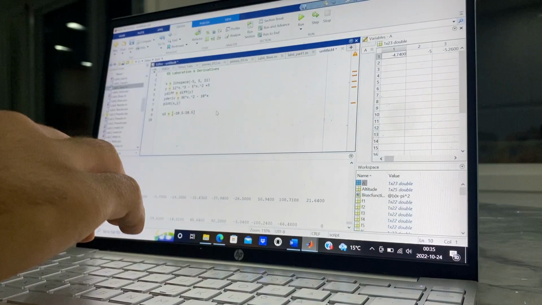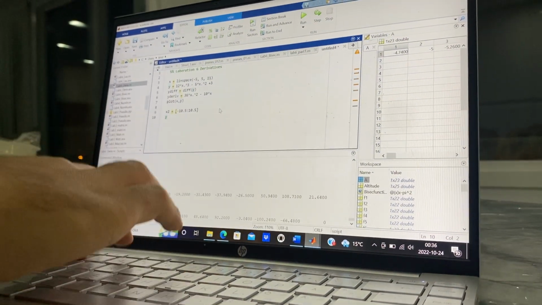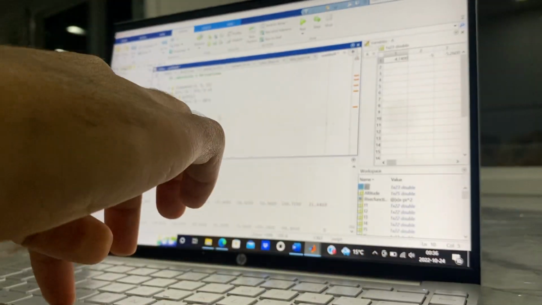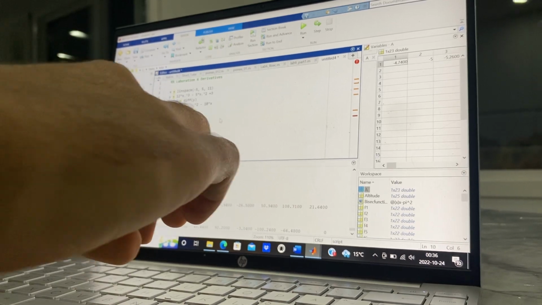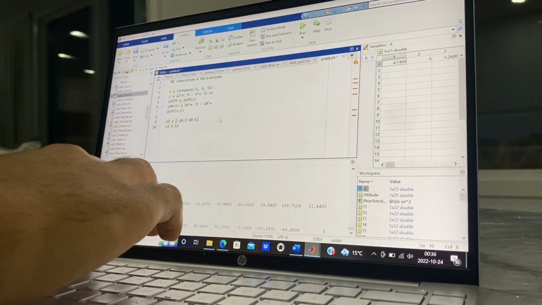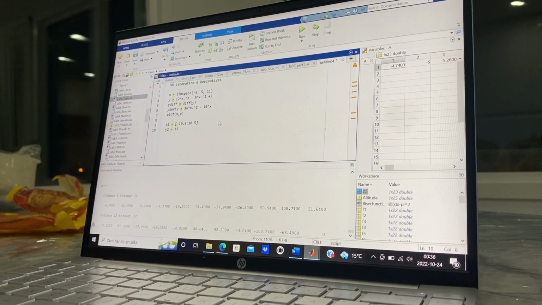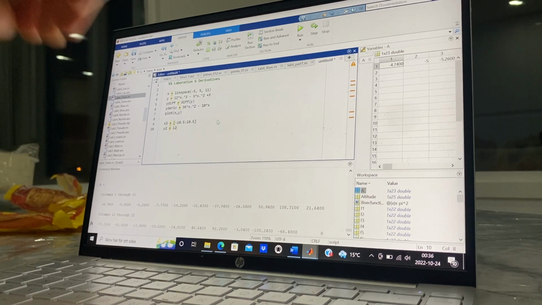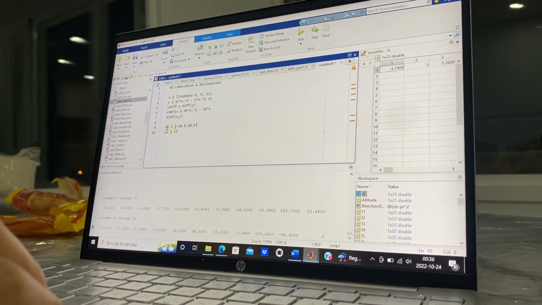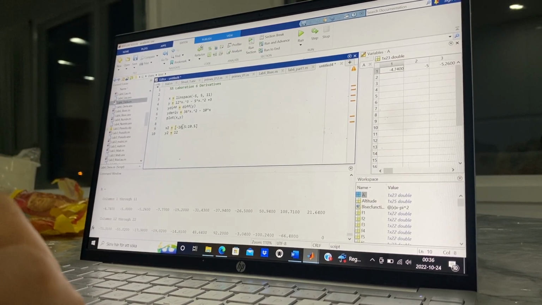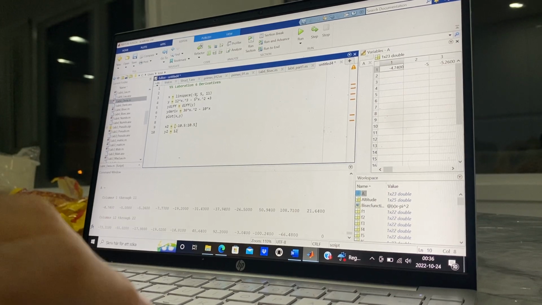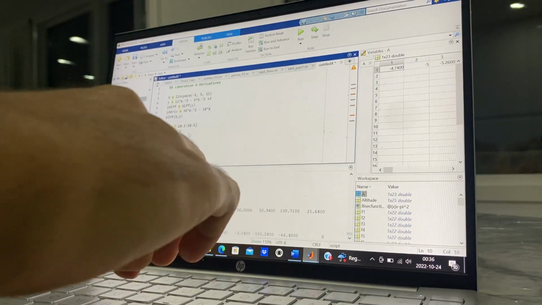And then I'm going to do the y2, which is equal to the same as y, but of course with these x2 values, so not with the x values. 12 times x.